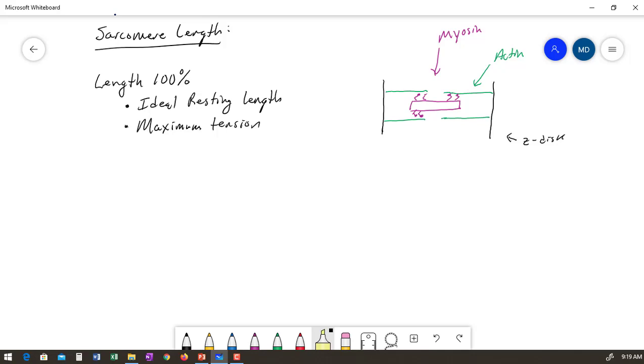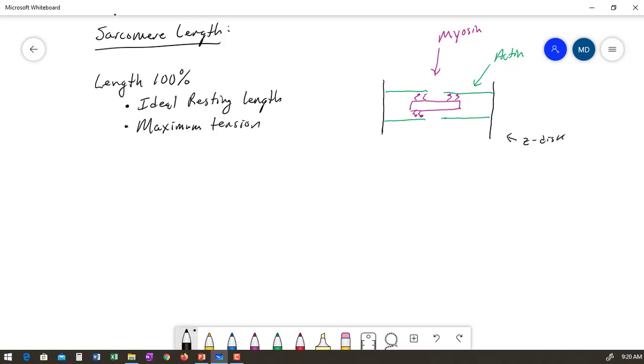For instance, as you're standing with your arm down to your side, let's use your bicep as an example. If you were to cock your bicep a little bit up from where it's just sitting at your side, that's probably about where your maximum tension is. You're getting the best overlap between actin and myosin.